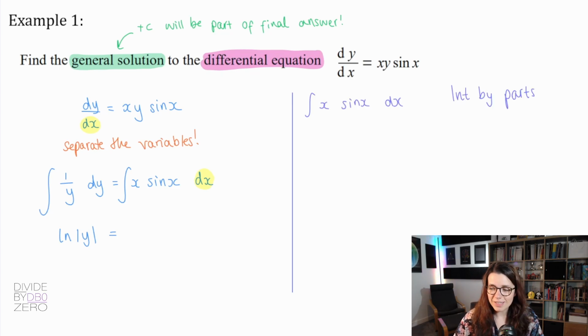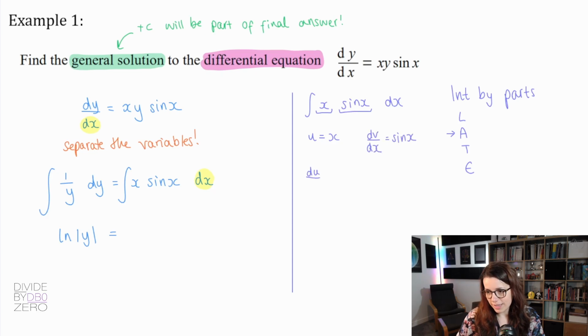I have made another video on integration by parts where I talk through this LATE acronym for choosing u, so I'd recommend you have a look at that video if you haven't already. Basically, we can use this acronym to prioritize choosing what u should be, and in this case, we've got an algebraic term and a trigonometric term. Algebraic comes first, so I'm going to say that u should be x, and therefore dv/dx is going to be sin x.